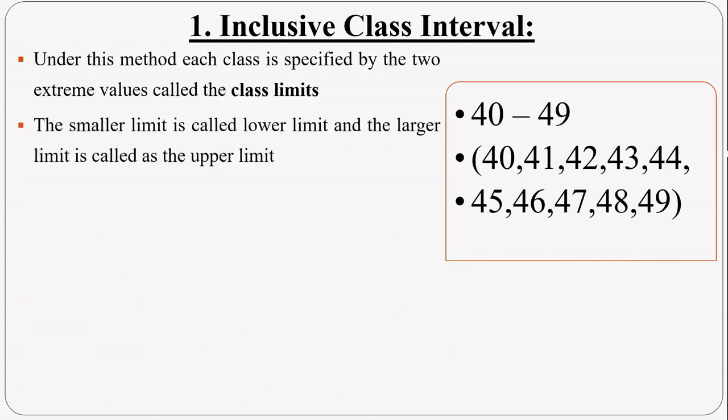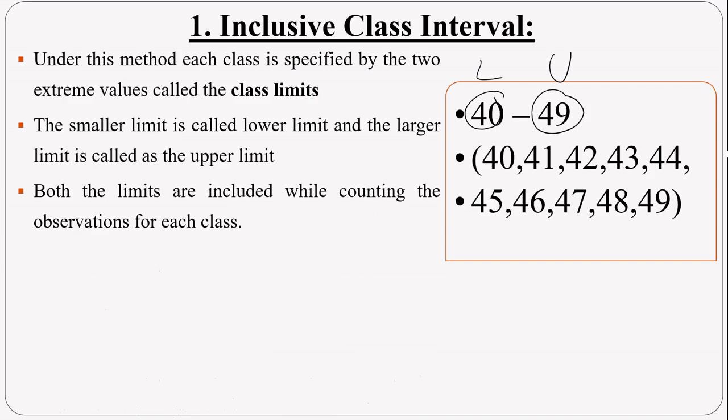The smaller limit is called the lower limit, and the larger limit is called the upper limit. Can you see the smaller limit? This is the lower limit, and this is the upper limit. Both the limits are included while counting the observations for each class. That is why you can see the numbers are taken from 40 to 49. So this method is said to be the inclusive class interval method.